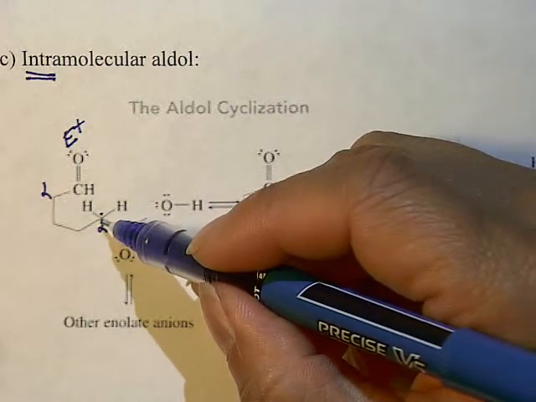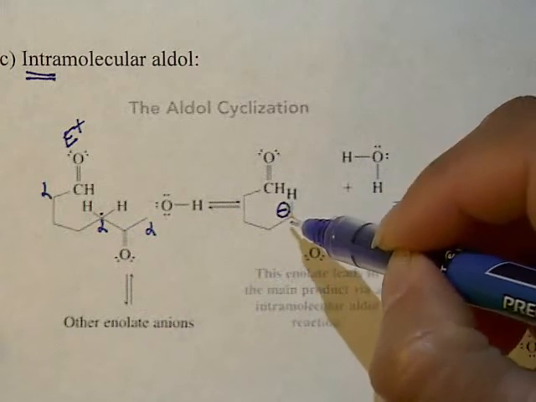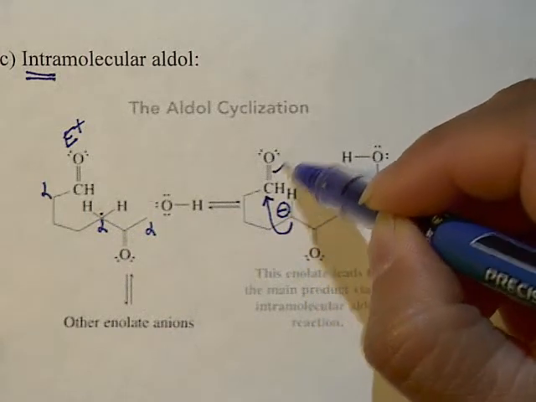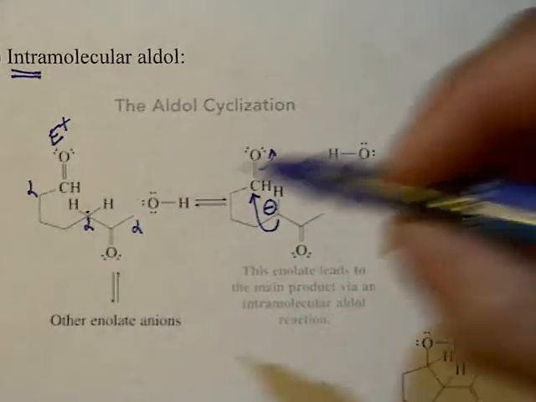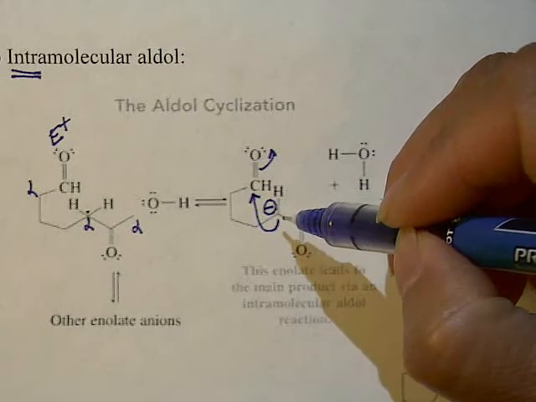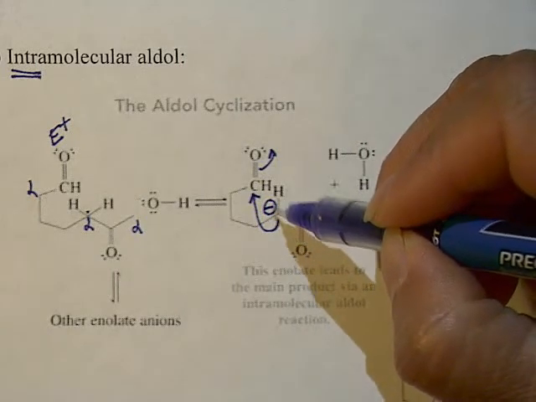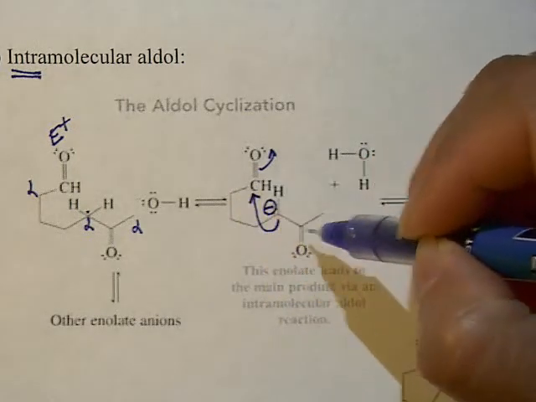Now if I deprotonate here and put the negative charge at this alpha carbon, then this will go and attack the C=O, and the thing that you need to consider is what size ring am I going to make when I do that. So this will make a bond between this carbon and this carbon. That will be a 1, 2, 3, 4, 5 member ring.